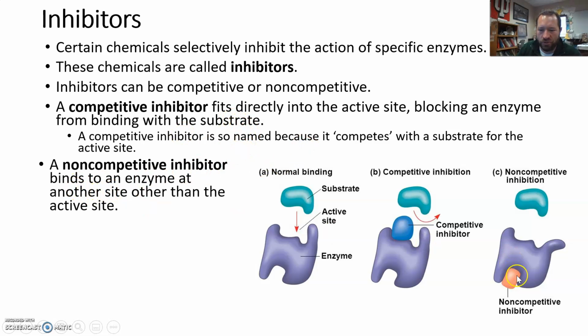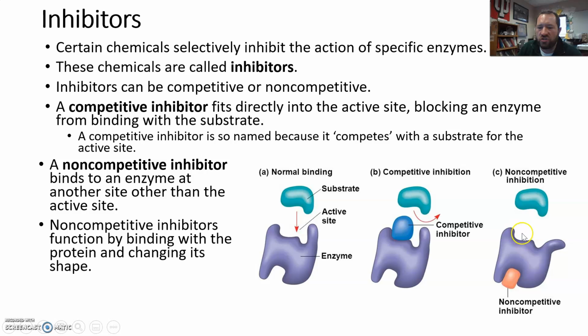Non-competitive inhibitors, so you see that over here on the right, they don't bind at the active site. They bind at a different spot on the enzyme. So you can see this one. This non-competitive inhibitor has bonded in the back of the enzyme, and what that does is it changes the shape of the whole enzyme.